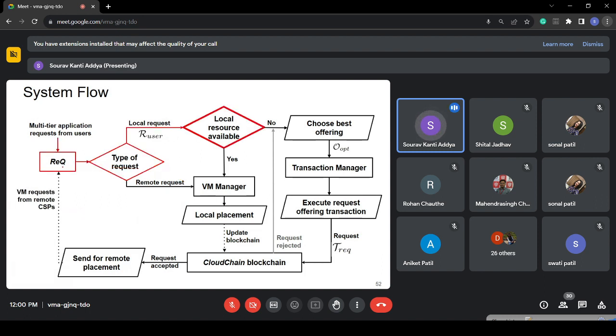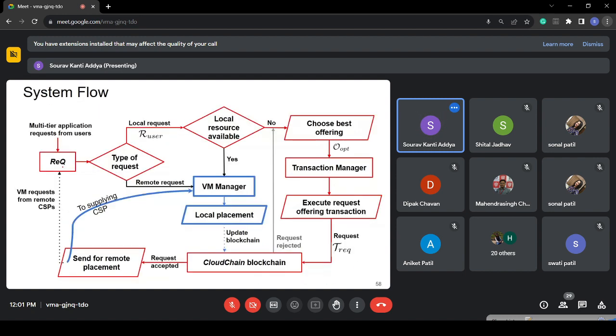If it is a local request, it will check whether the local resources are available or not. If local resources are available, then we can choose the best offering, looking at the different pricings and other things, and ask the VM manager and transaction manager to execute it and log it into the cloud chain, that is the distributed ledger, and send it for placement, and it will be placed.